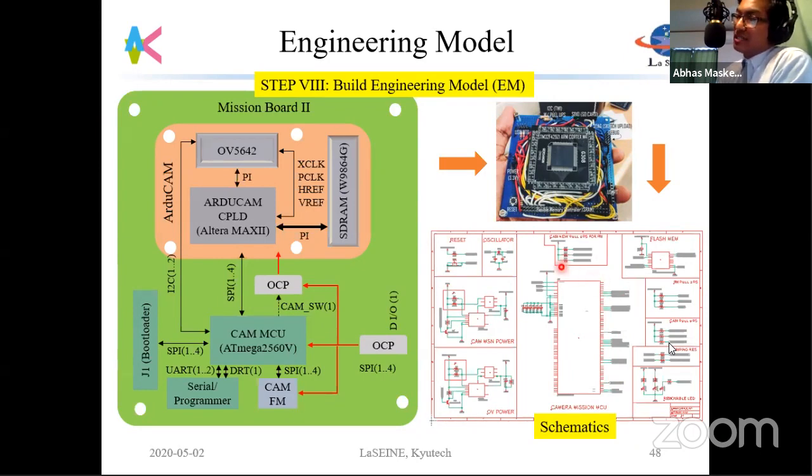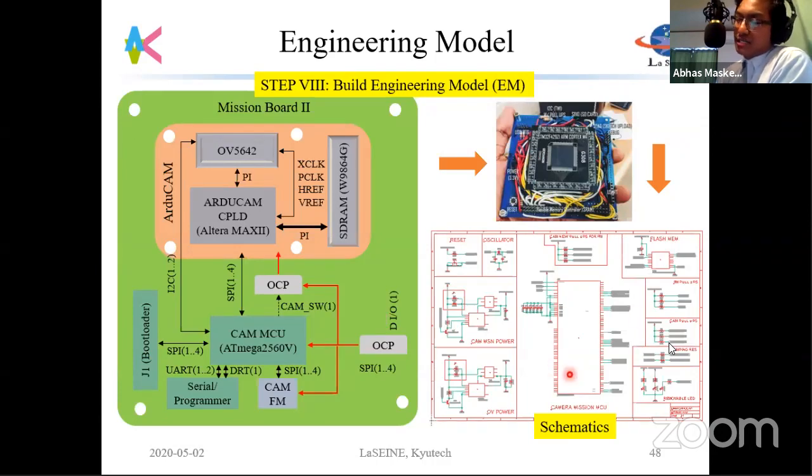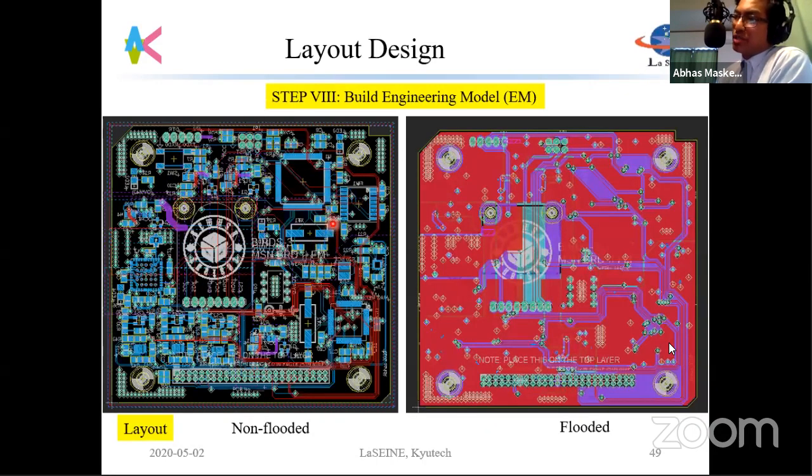I use Eagle. Before I used to use PADS. Eagle gives 3-year free access for students, so that's nice. This one is the design for the Birds 3 camera board. As you can see here, until schematics it's fine, you just connect, but layout is where you have to be extremely careful. How do you place oscillators?